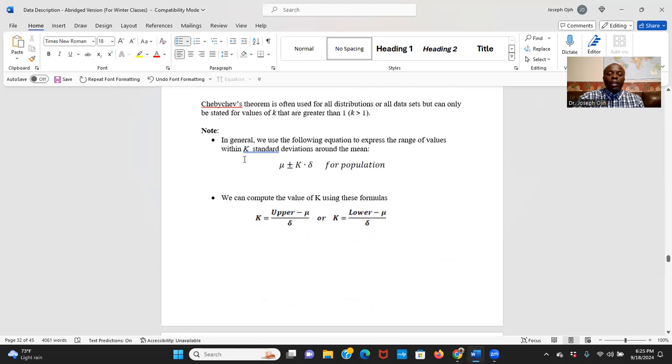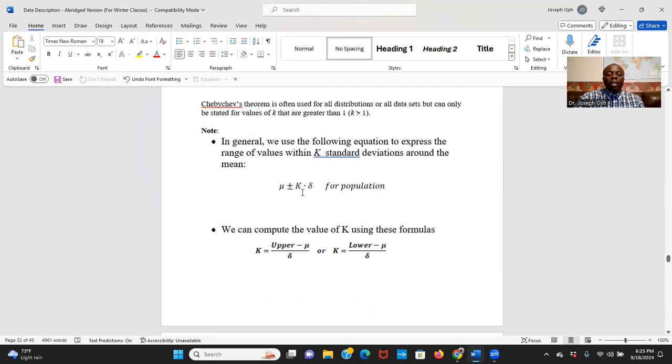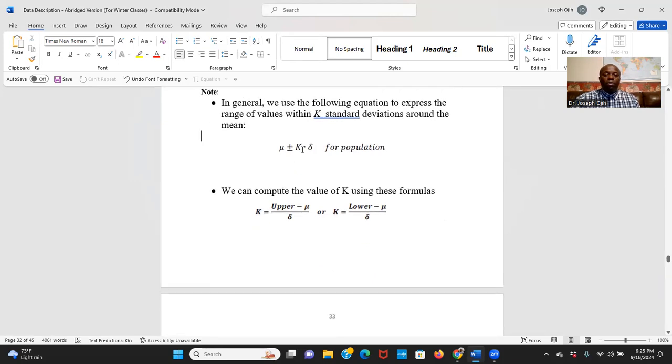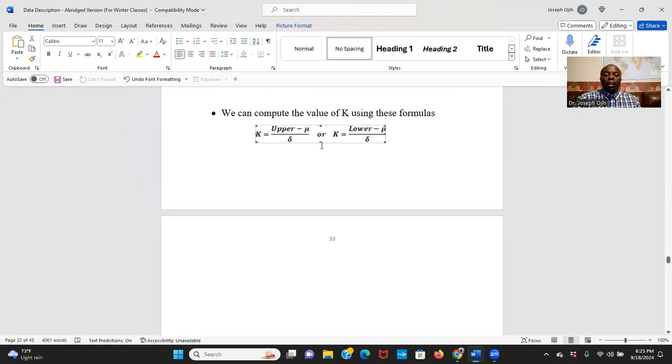Now, again, just like the empirical rule, we use the same equation, which is mean minus K standard deviations on the left side and mean plus K standard deviations on the right side. But before we can use that, we have to compute K. And this is the formula for computing K. Remember that K is the number of standard deviations around the mean.